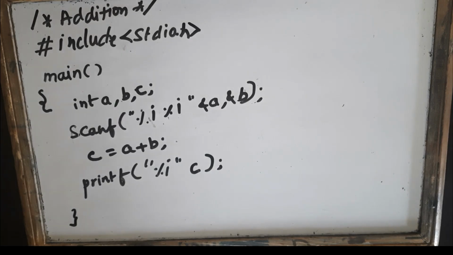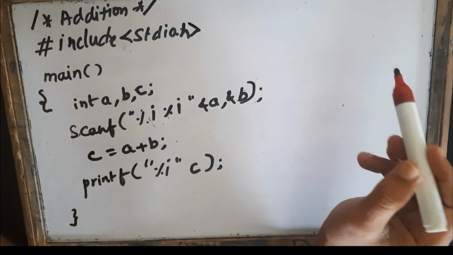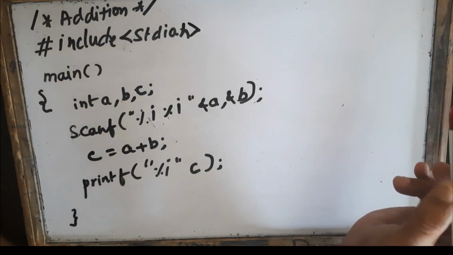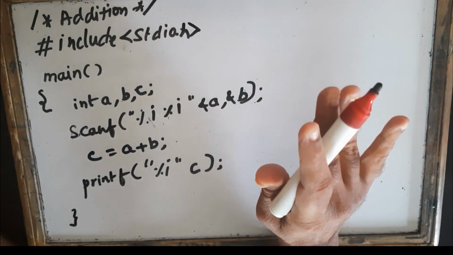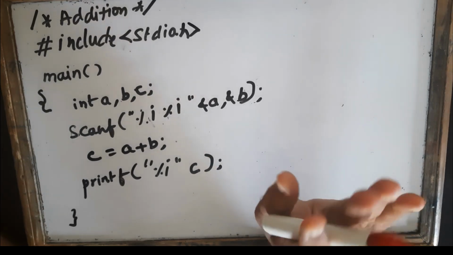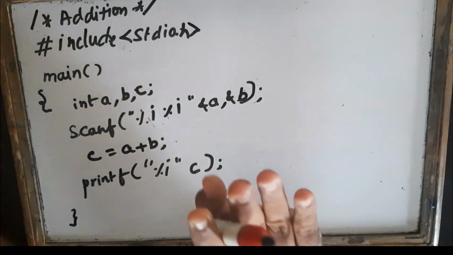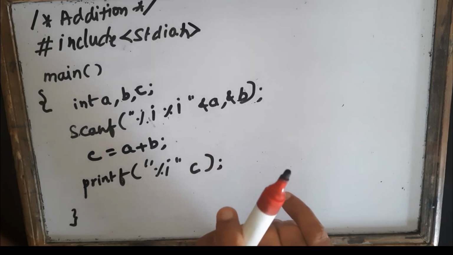Okay, so this is one example of addition, the project addition. So the project will look like this. We deep dive into this project and we understand each and every line, every character in this project.